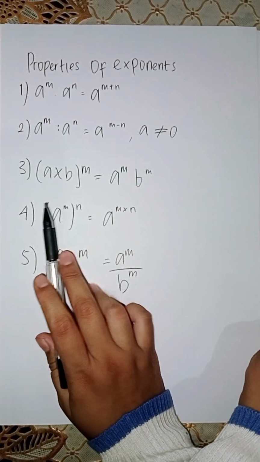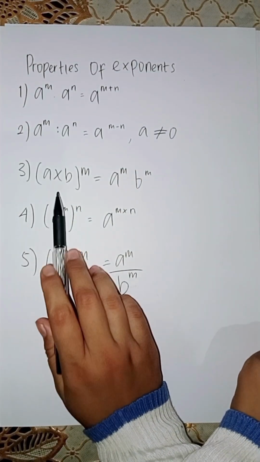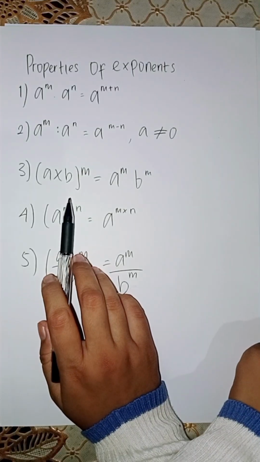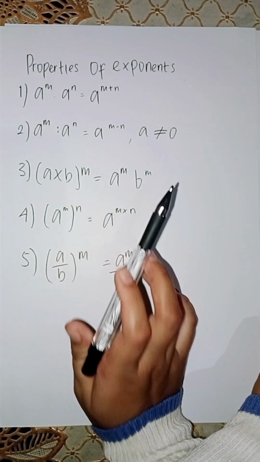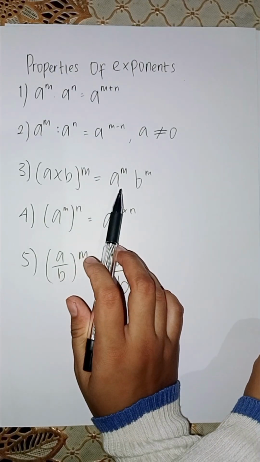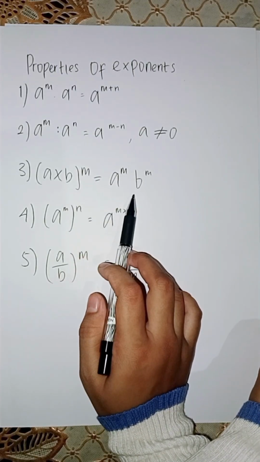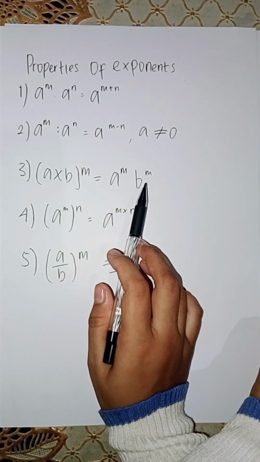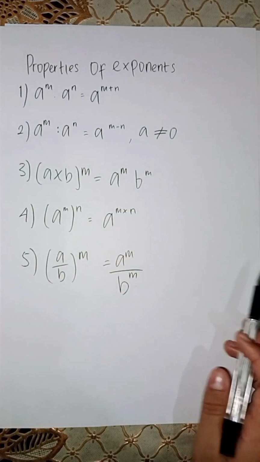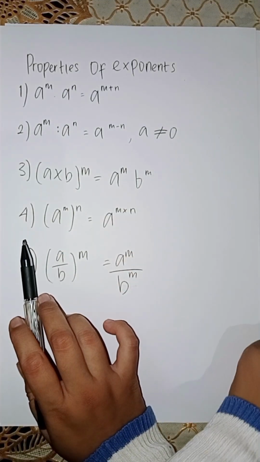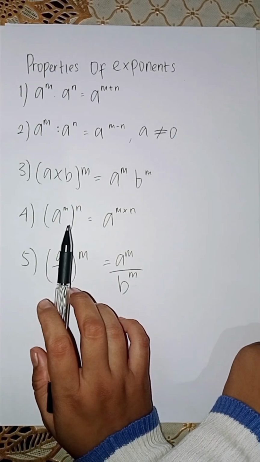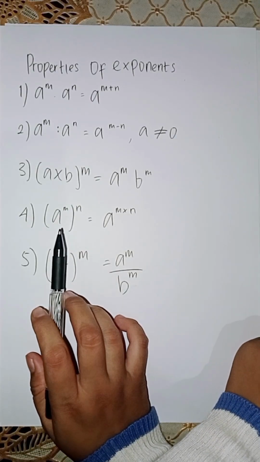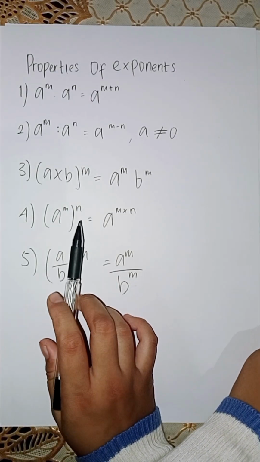The third property is we have a times b in the bracket to the m. The result is the same as a to the m multiplied by b to the m. Next, the fourth property is we have a to the power of m in bracket and raise it to the power of n.